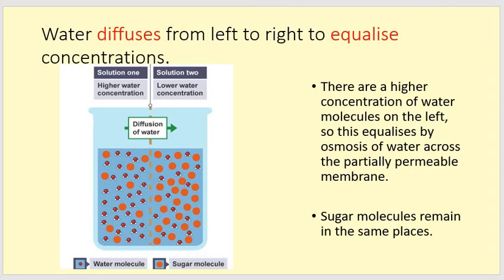And in this case we're looking at the red and white water molecules, and they will be moving from the left to the right to equal out the concentrations. The sugar molecules will remain in the same sort of place. Okay, we're not worrying about the sugar molecules, that's regular diffusion. We're just talking about osmosis, which is the diffusion of water.